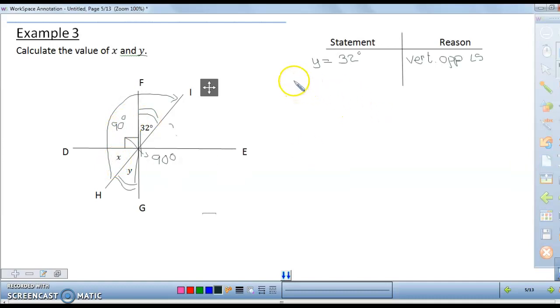So I write a statement and say angle x plus the 90-degree angle, so plus 90 degrees, plus 32 degrees, gives me 180 degrees. The reason is it's a straight angle.